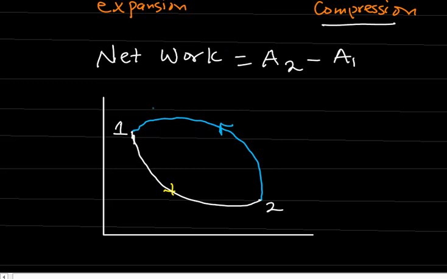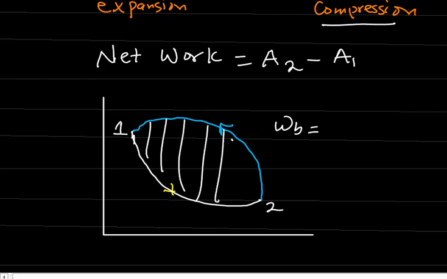So the work that is actually done, the boundary work, becomes the area under this loop. Okay, so that becomes the area, which of course is A2 minus A1. So I hope that is well understood.